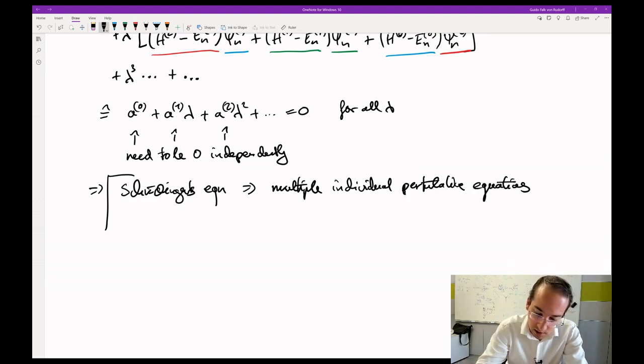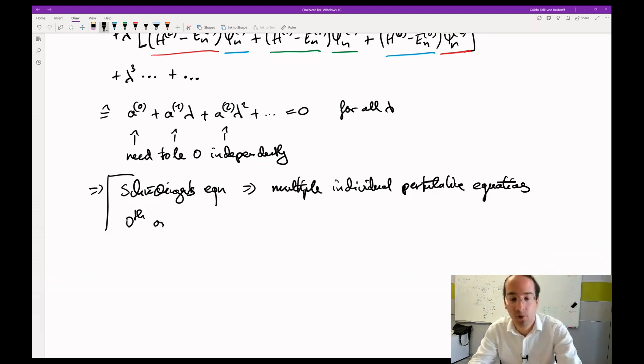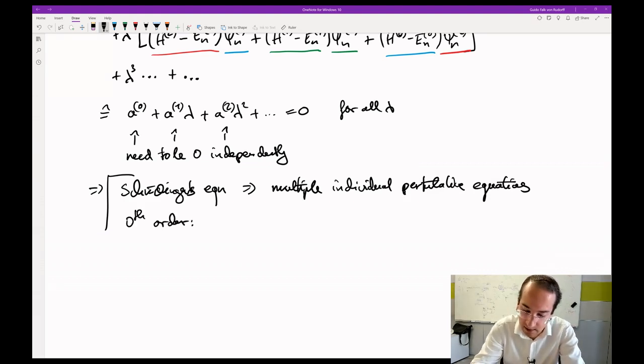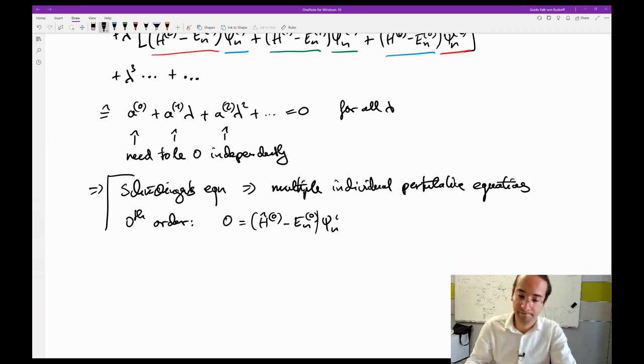So in the 0th order, you get something that you already know, namely that 0 shall be the Hamiltonian of the reference minus the energy of the reference times the unperturbed wave function. This you know, that's a Schrodinger's equation that you already just solved for the reference system.